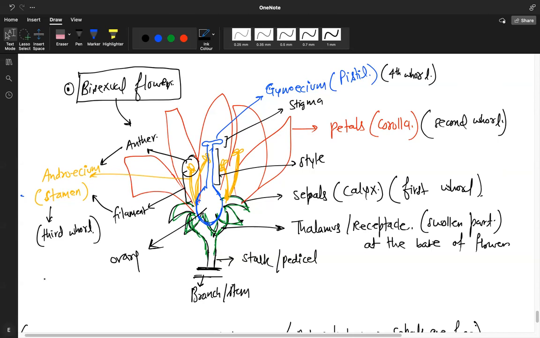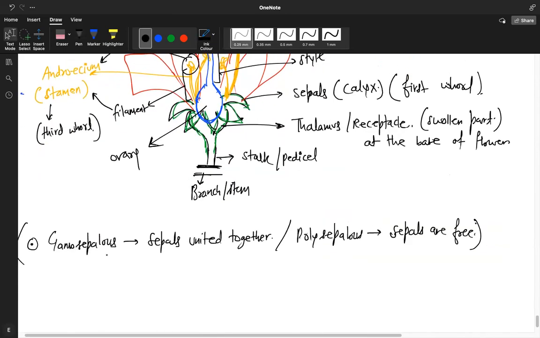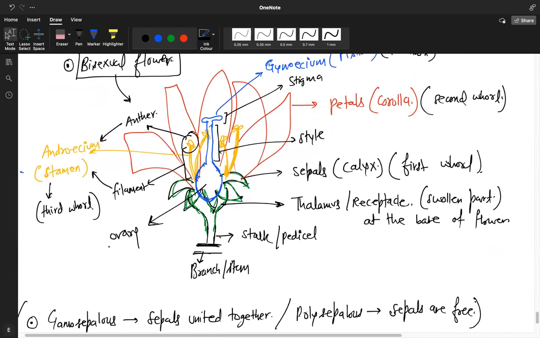Their petals are all united to make a bell-like structure, closed bell. Do you understand what I'm talking about? Tubular, funnel shaped, or bell shaped. So there it's united. If petals are all united together, they are called gamopetalous. Just like gamosepalous, there is gamopetalous, petals united together.